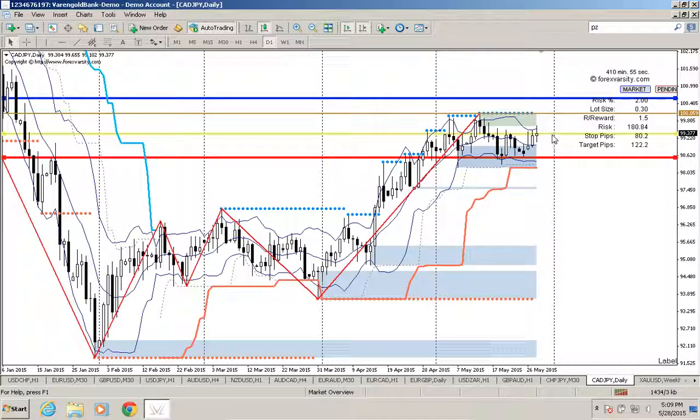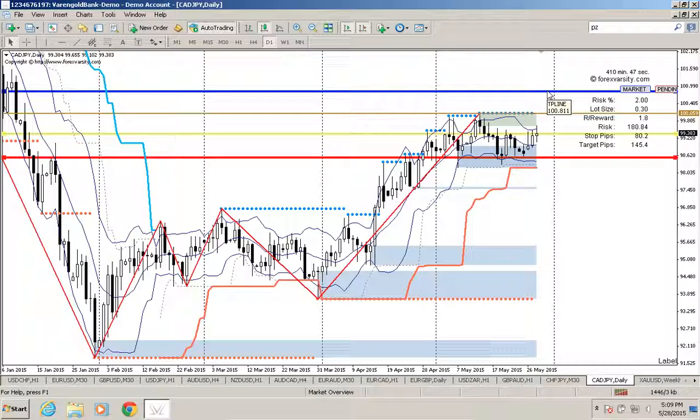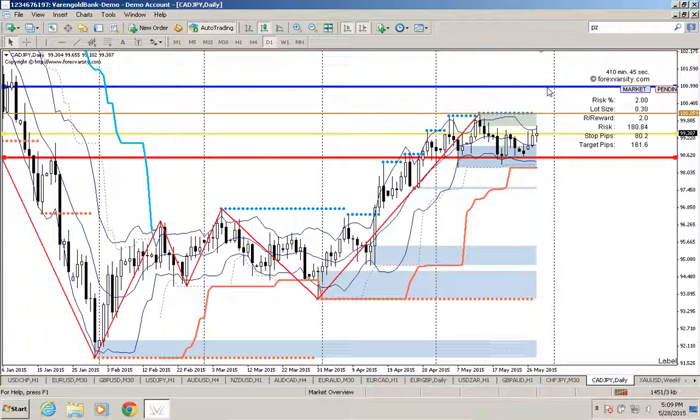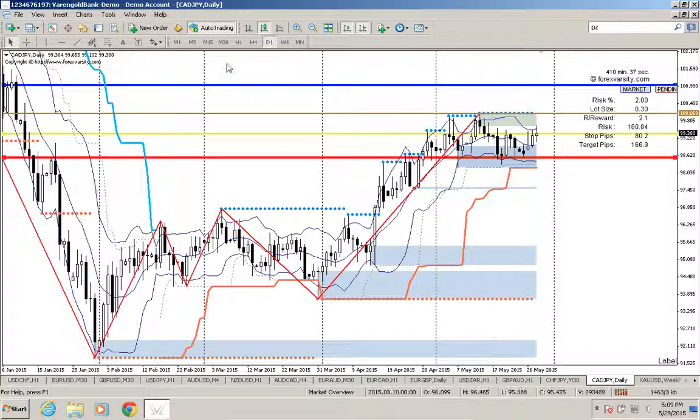My entry is at current price, and my take profit I can put at around 100, around 101 for about 166 pips.